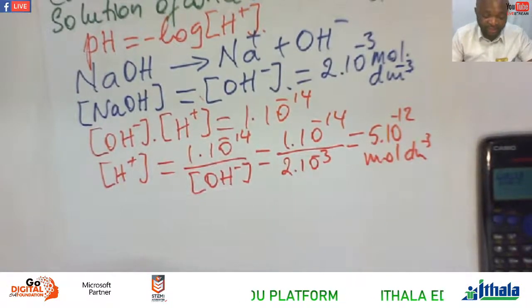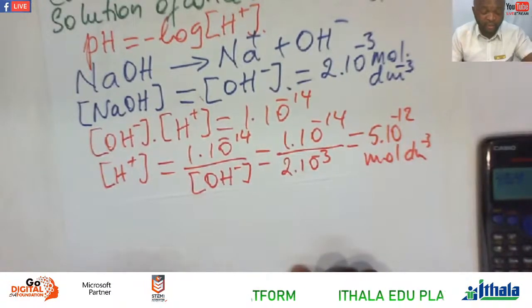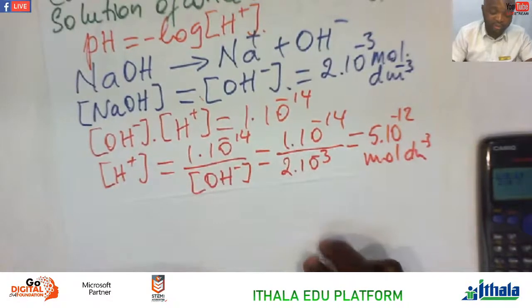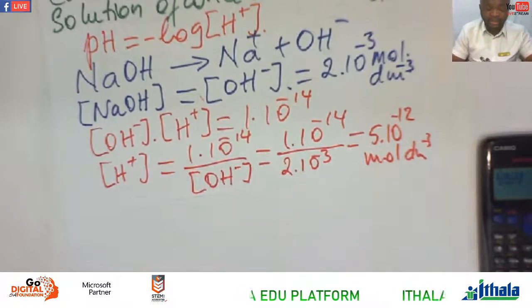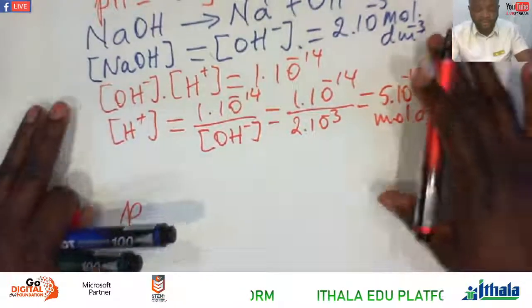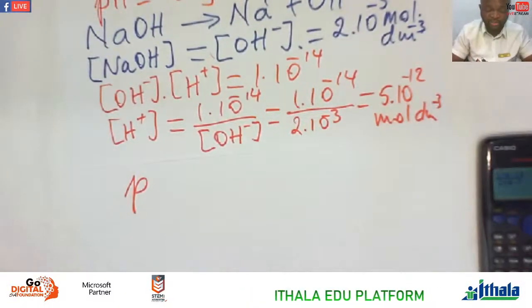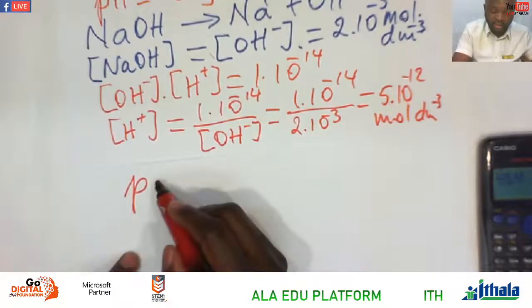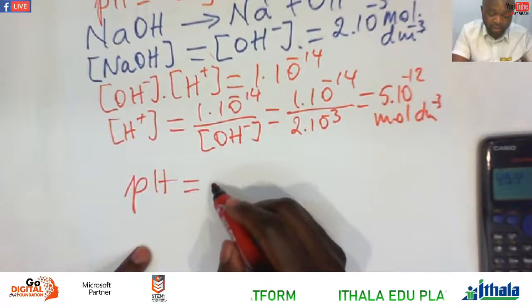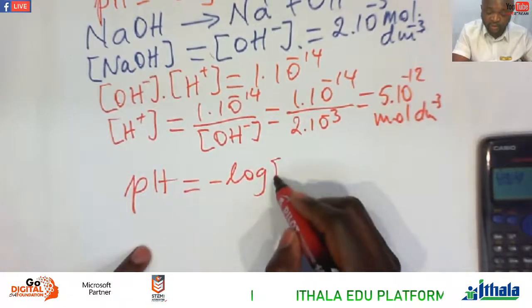Once you have OH minus, you use the ionization of water, then you will get H plus. With H plus we can now calculate the pH, because we have the concentration of H plus. So the pH will be minus log H plus.